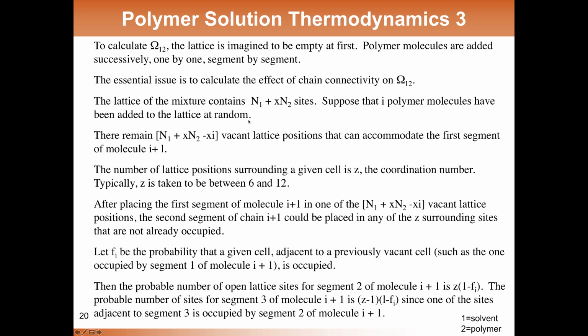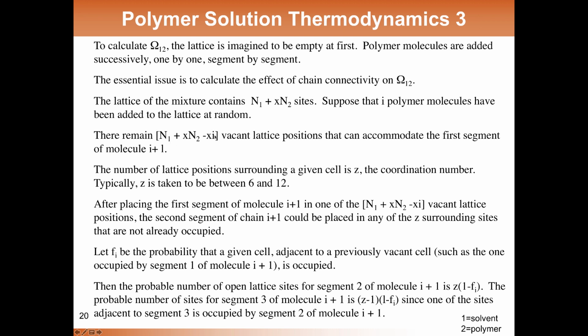As a result, there remain N1 plus X N2, that's the total number of lattice sites, minus X times I. We put down I polymer molecules, each of them takes up X sites, and so minus XI is the number of sites that have been taken up by the polymer molecules. So the total number of vacant sites, N1 plus X N2, is reduced by XI.